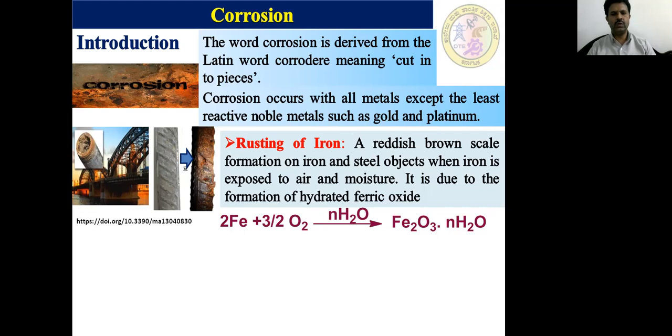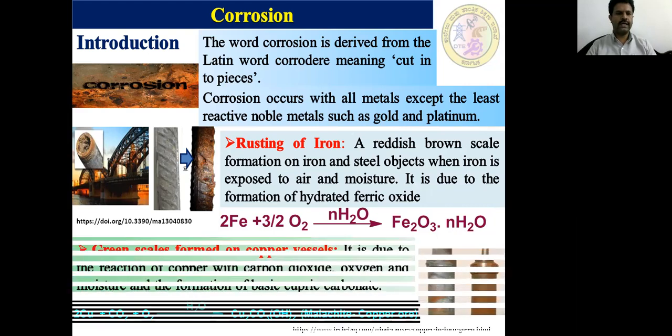That is due to the formation of hydrated ferric oxide, which is the composition or formula for hematite ore. That means when iron is exposed to oxygen and moisture, it goes back to the ore form, that is hydrated ferric oxide or hematite.